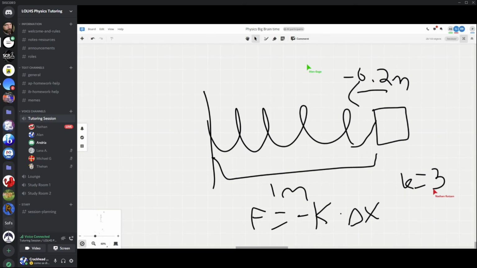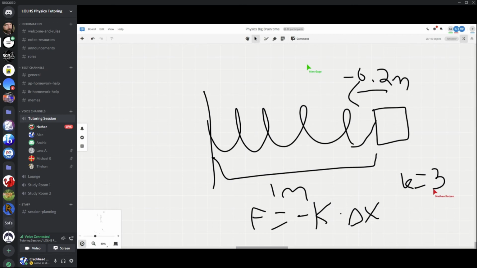Wait, so when it says negative k, so it'd be positive 0.6? Yes. I'm sometimes struggling with doing decimals in my head, but yes. So it's going to be exerting 0.6 newtons of force in the positive direction.